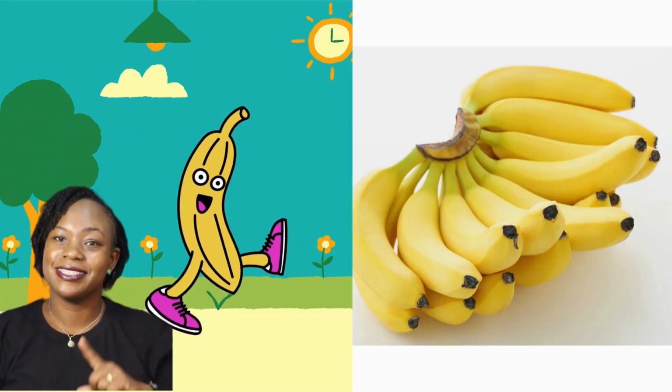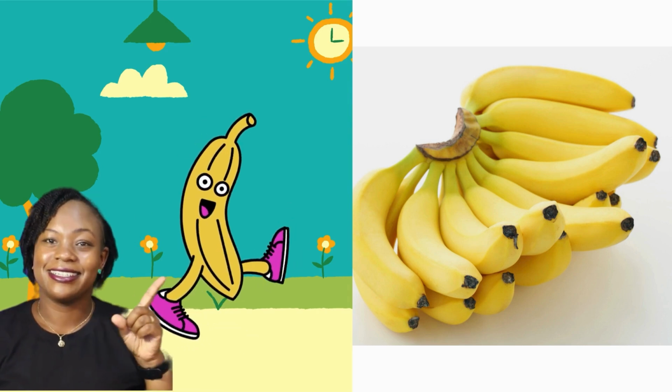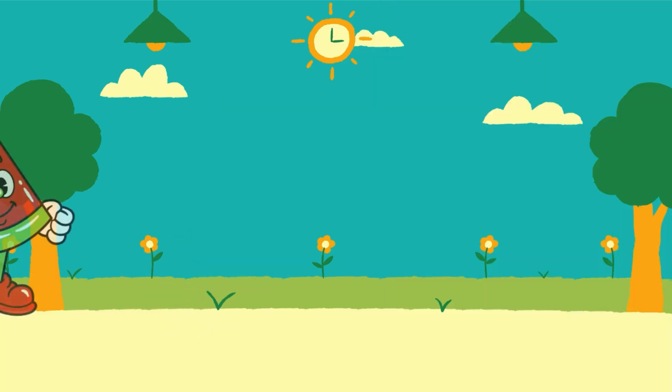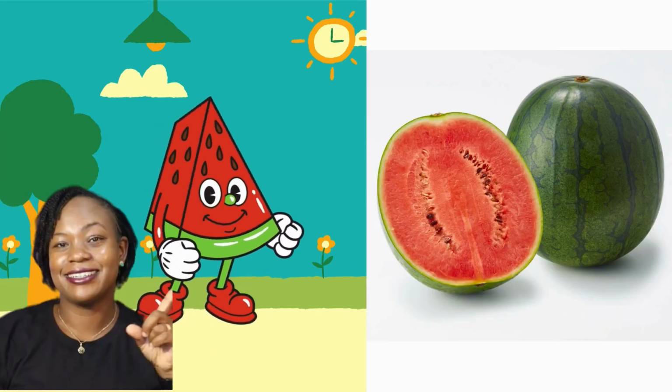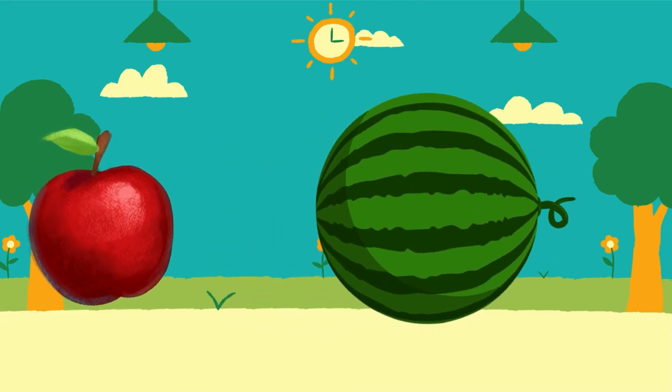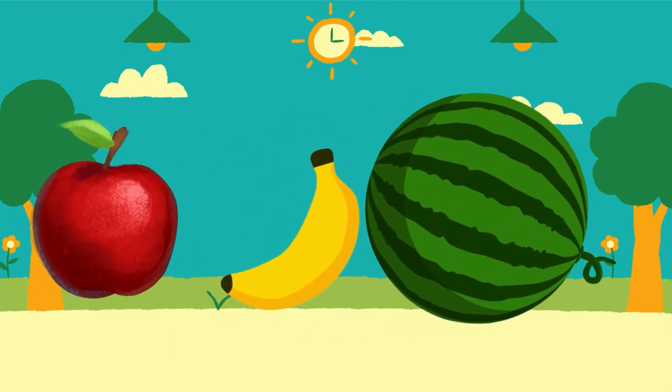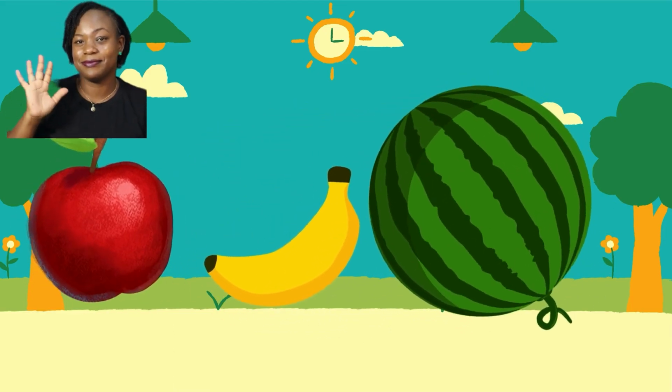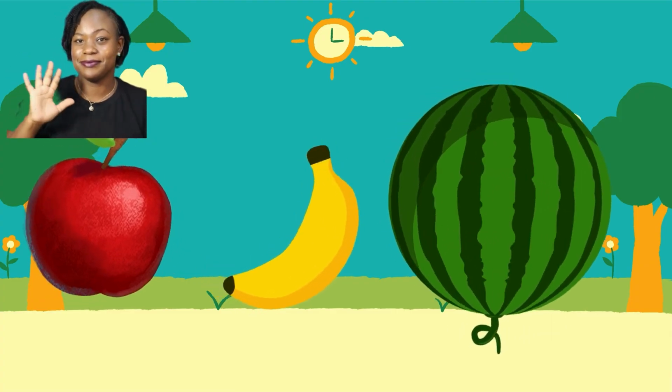Banana is yellow and loves to wiggle. Wiggle, wiggle, wiggle. And here comes Watermelon. He's big, green, and loves to wiggle roll. Wiggle, wiggle, roll. Apples, bananas, and watermelons are so much fun. Which one is your favorite? See you next time for more fruit fun.